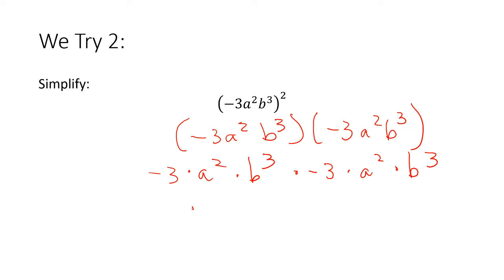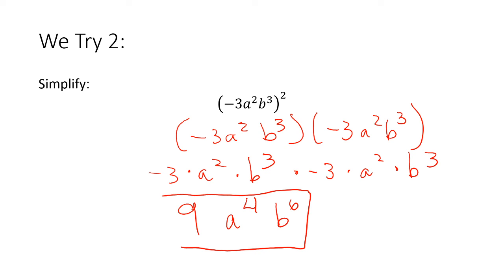Negative 3 times negative 3 is positive 9. A squared times a squared is a to the 4th. B to the 3rd times b to the 3rd is b to the 6th. Not b to the 9th, b to the 6th, because 3 plus 3 is 6. When I have things with the same base, I add the exponents.